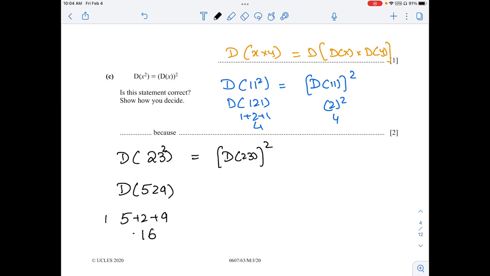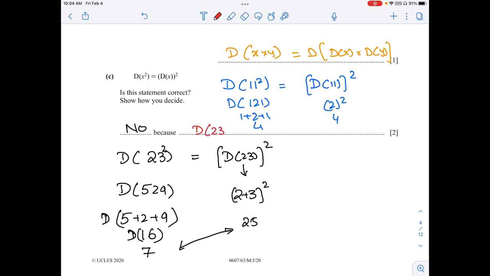Again, digital root of 16 is nothing but what? 7. 1 plus 6 is 7. So over here, digital root of 23 is 2 plus 3 is 5. 5 square, which is 25. They are not equal. So, no, because you can write this example: digital root of 23 square is not equal to digital root of 23 whole square.